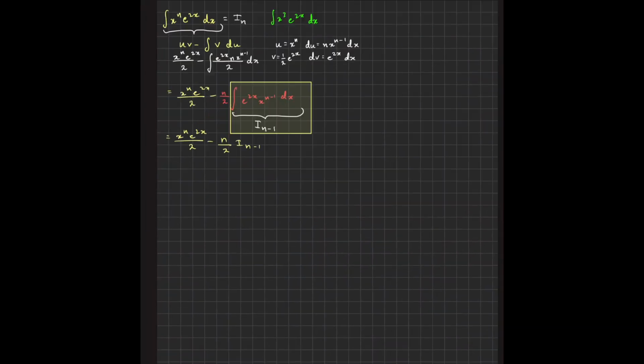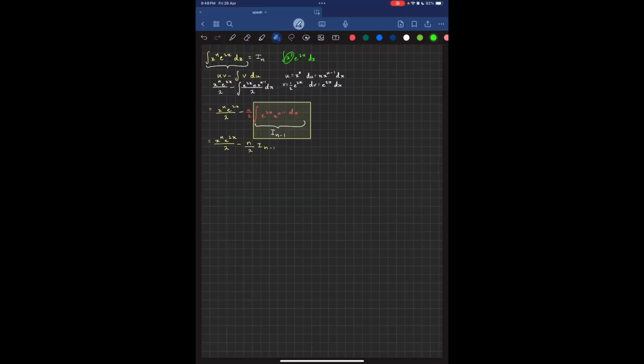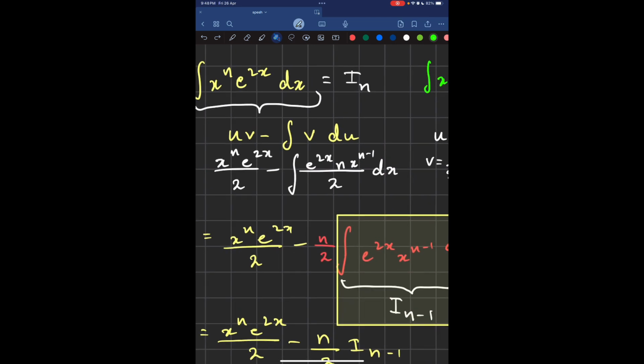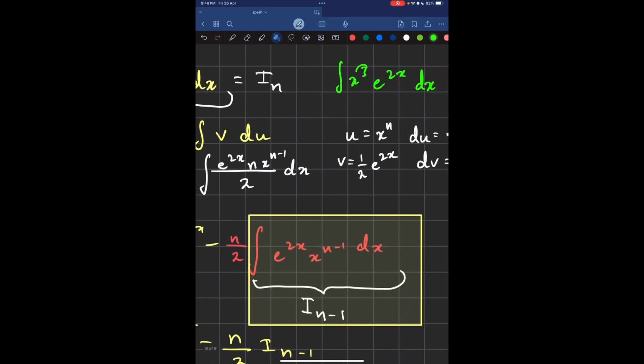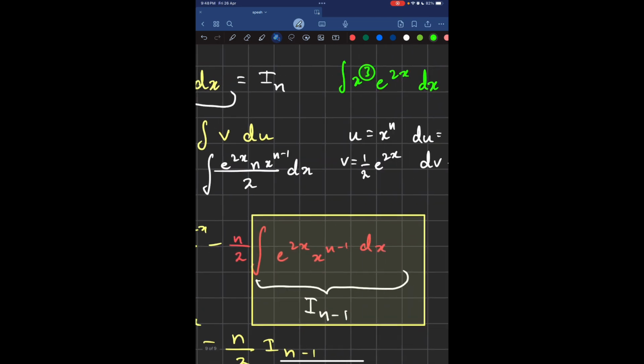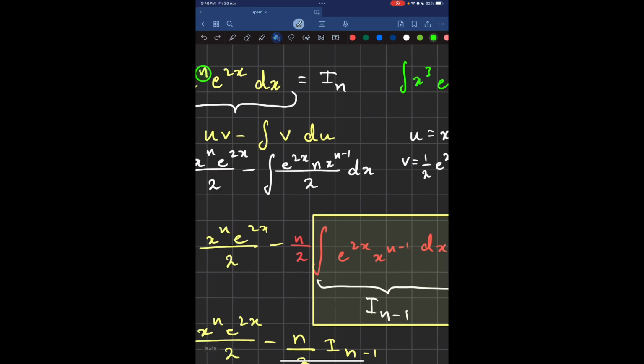Now, in order to find the integral of x to the power 3, we need to sub in n is equal to 3, because here it's x to the power n, here it's x to the power 3. So n is equal to 3 in this case.